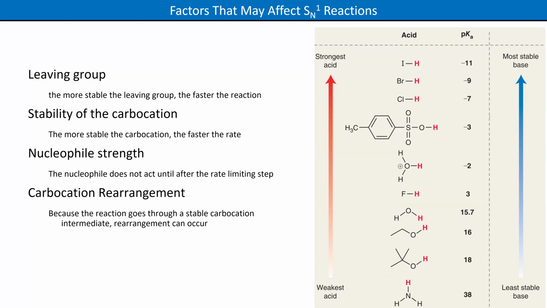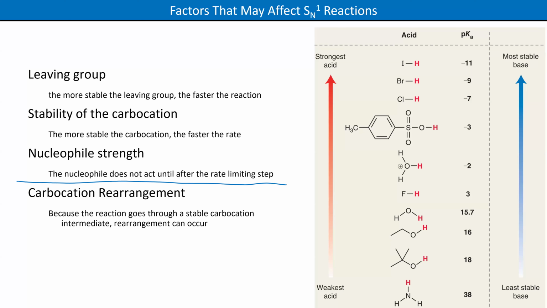Alright, so we've talked about everything up to here. The last thing we have to, so for all of these, predicting the products is pretty straightforward. You pull your halide off, you stick your nucleophile on in the same spot, whether it's SN1 or SN2.